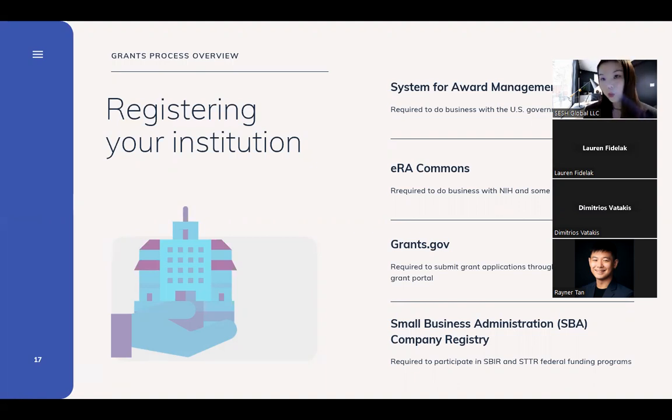The System for Award Management will issue a 12-character unique entity identifier used to complete your first-time registration, which serves as the official organization identifier in other federal systems. It's worth noting that the entity administrator must complete a yearly renewal process to verify entity information and retain ability to apply for or receive an award.